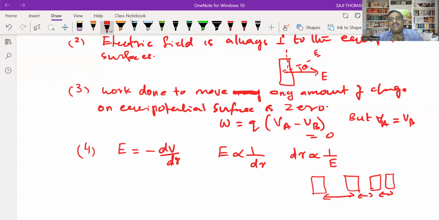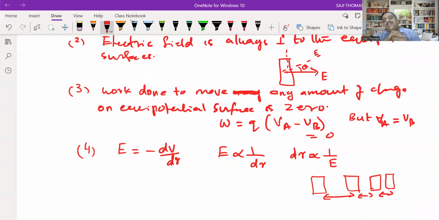And we learned the shape of equipotential surfaces for a point charge. For a point charge, equipotential surfaces are spherical surfaces, concentric spheres. For a uniform electric field, equipotential surfaces are plane surfaces. And for a dipole, we have drawn this shape. This is very important. Maybe for a short question, they may ask, draw the equipotential surface for a dipole.